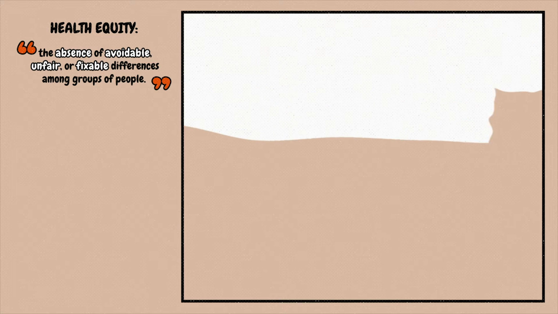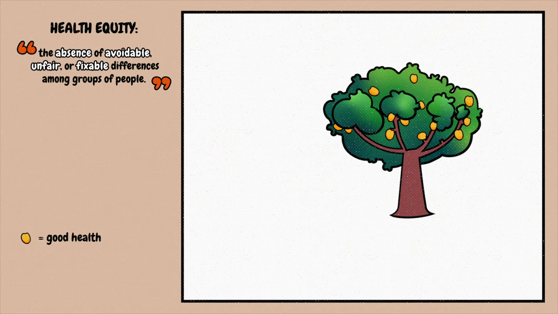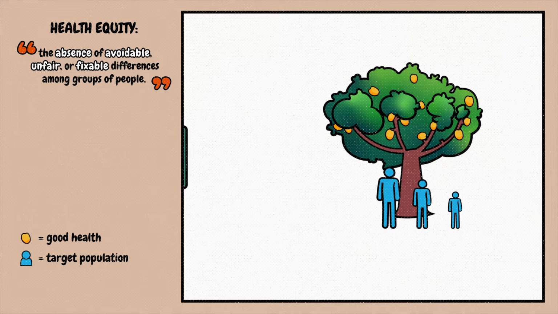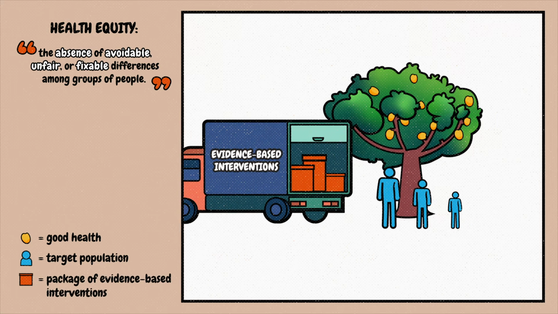In this example, the fruit represent good health. The people represent our target population, and the boxes represent our available evidence-based interventions. The target population wants good health, and they need our services to improve and maintain their health. But there are differences in health and differences in opportunity for health between the population groups.